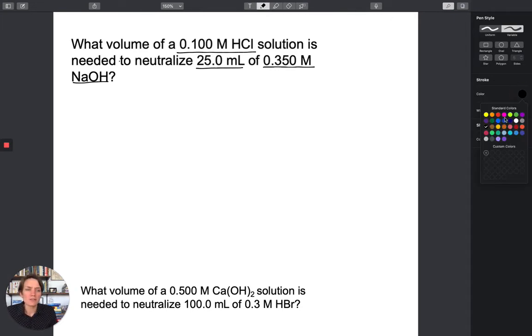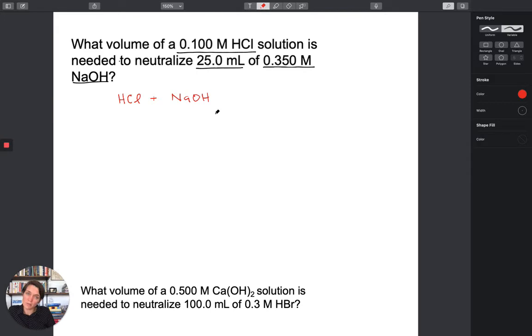Okay, so the very first thing that I like to do in these problems is just figure out what my reaction is, right? And we've already talked about this reaction already, so spoiler alert, you already know. So you have hydrochloric acid plus our sodium hydroxide. Now you look at those two species, you think about everything that we've learned in this chapter, and hopefully should be able to recognize that this is a strong acid, this is a strong base, they're strong electrolytes, they're going to break apart in solution.